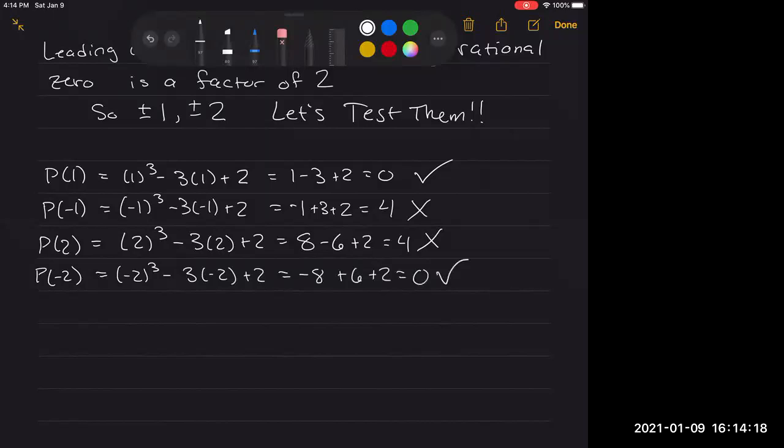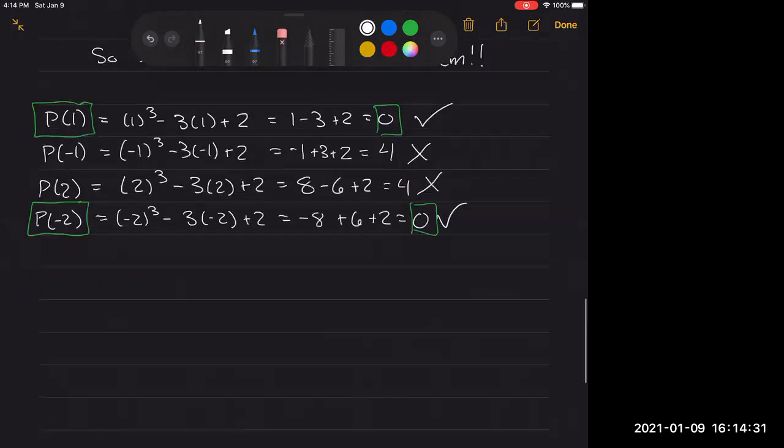Well, this does equal 0. So here we have our 2 zeros that we've checked. So therefore, 1 and negative 2 are zeros of our polynomial p.